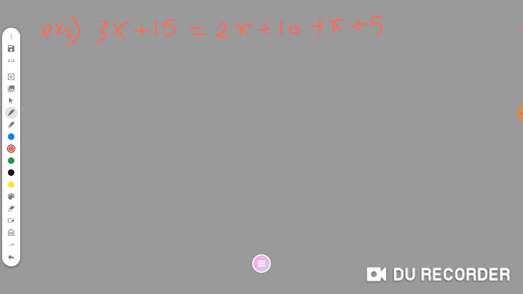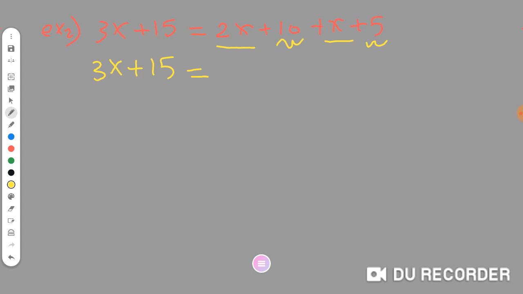Let's solve it and collect like terms. The left-hand side is as it is, 3x plus 15, no like terms. But on the right-hand side I have like terms: 2x, x, and 5 and 10.